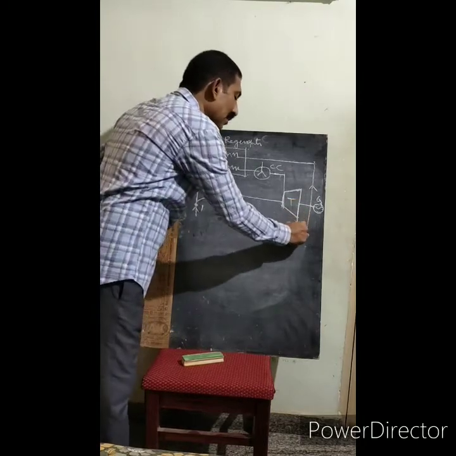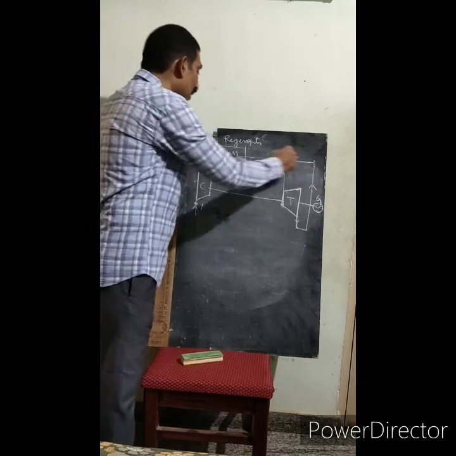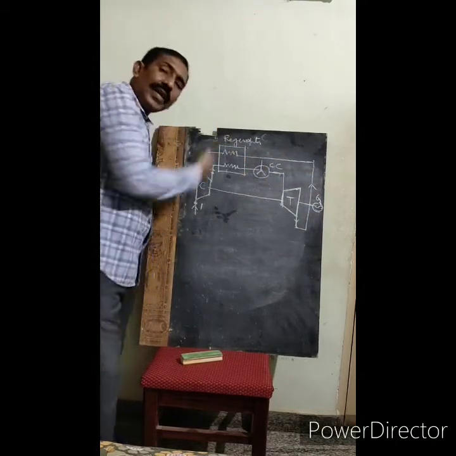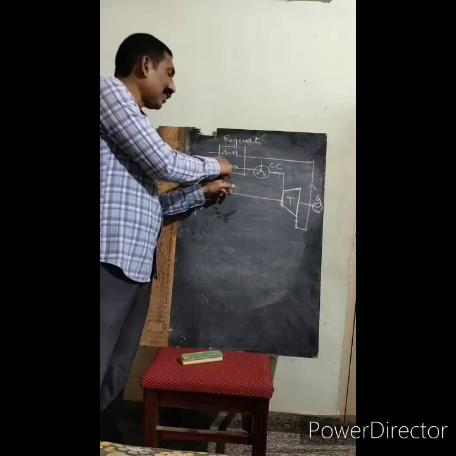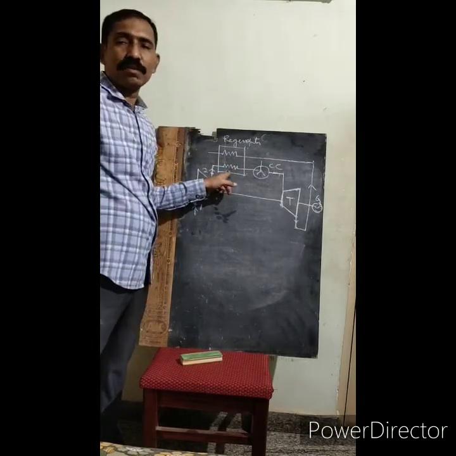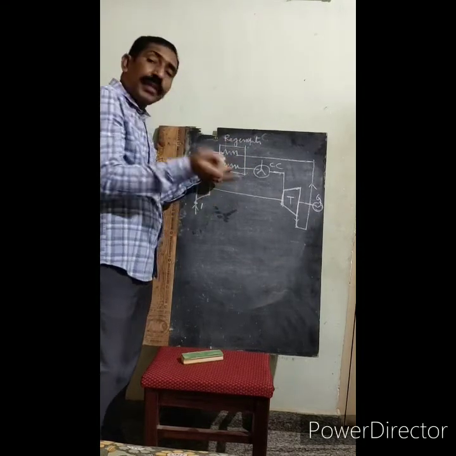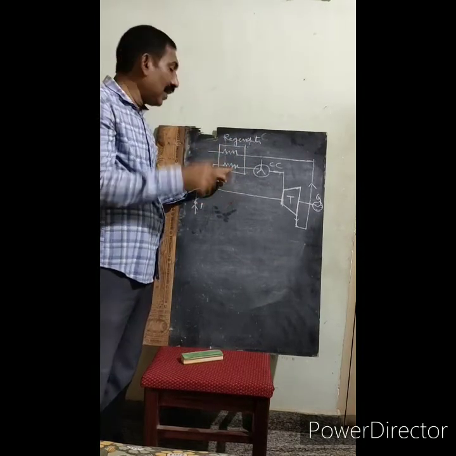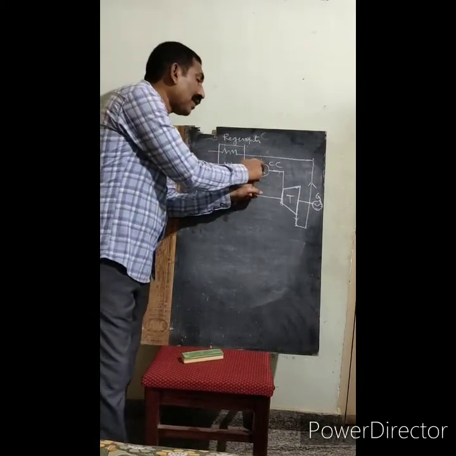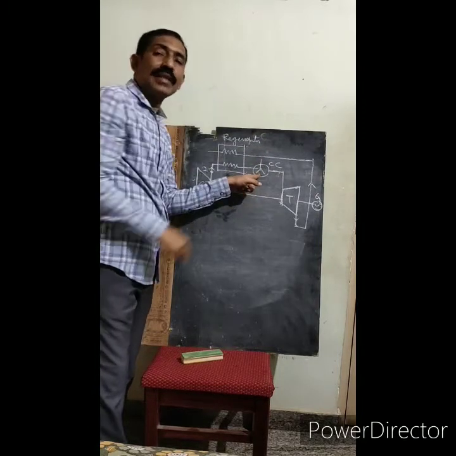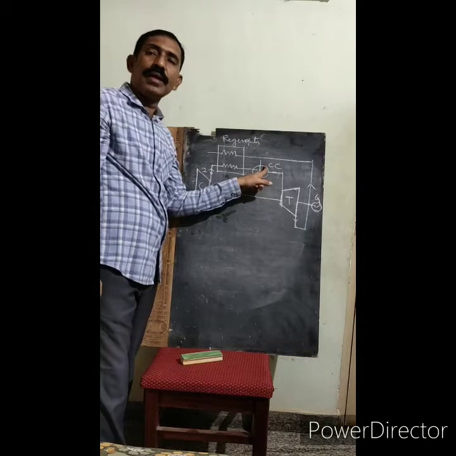After the expansion, the gases are not left to the atmosphere but are taken into the regenerator, where the heat carried by the exhaust gases is utilized, and after that they are left to the atmosphere. So in the regenerator, the compressed air is preheated before it enters the combustion chamber, so that the amount of heat supplied in the combustion chamber can be reduced.